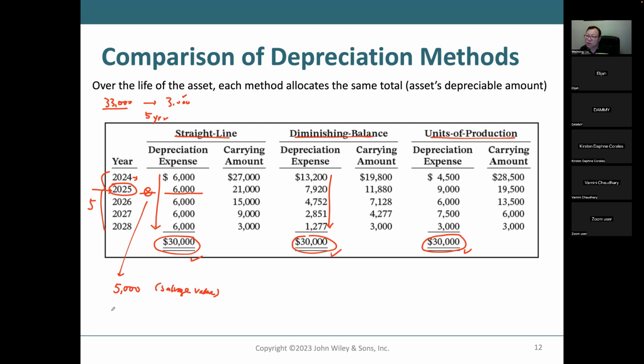But according to a new estimate, you can use it for another 4 years. So you have all this new information and the new estimation. And this new information is going to change the depreciation expenses. It's going to change the annual depreciation expenses.